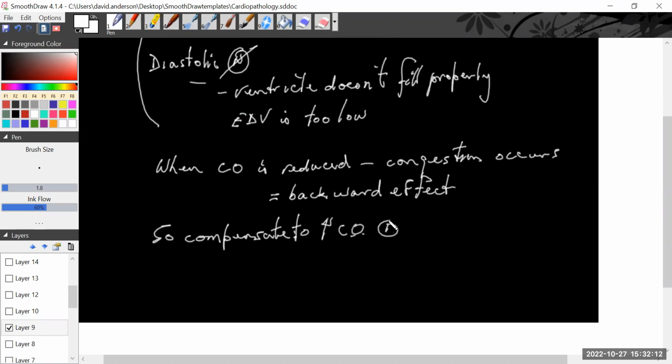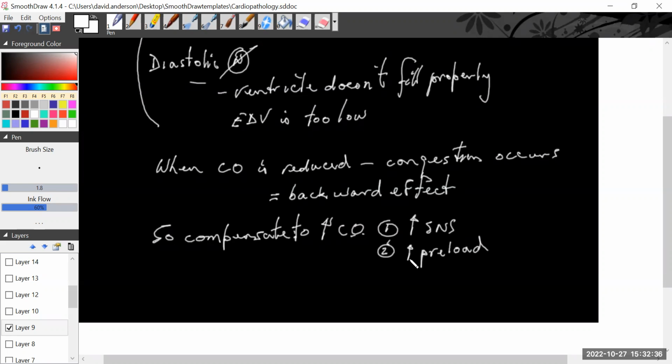So one of the things that we're going to try to do is increase our sympathetic nervous activity. That's the nervous system, that's going to be fast. And we're going to try to increase preload. Preload was the stretch on the cardiac muscle wall.